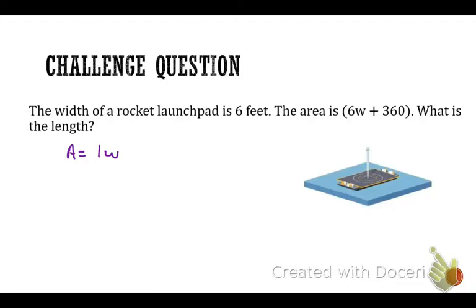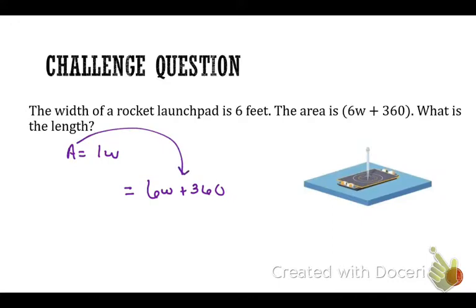So here's what it does though. It tells me what the area is, okay? So I'm just going to flip this around because I like my total to come after the equal sign. The area is 6W plus 360, okay?